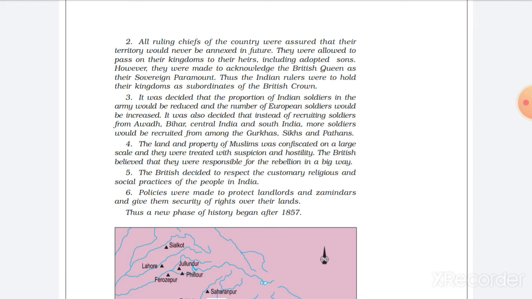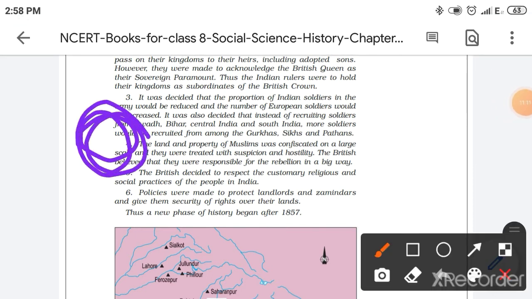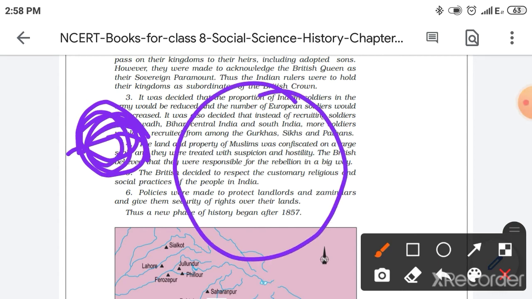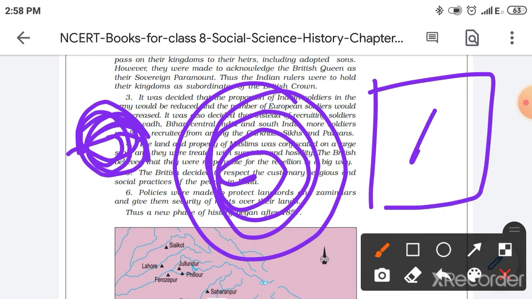So from India only very few people will go in the army, and from Europe a lot of people will go in the army.